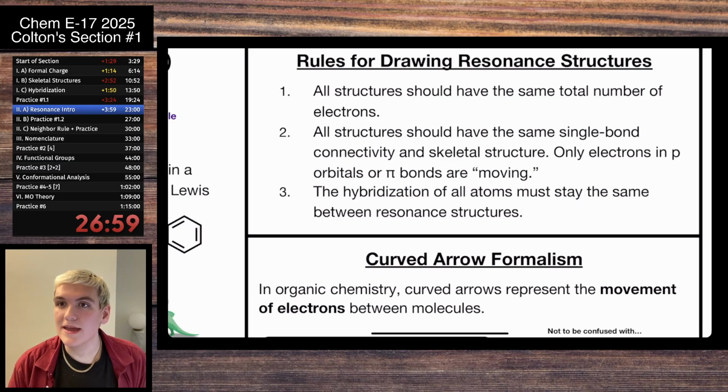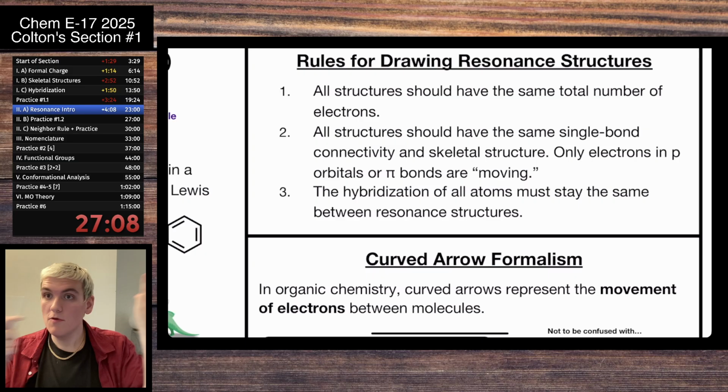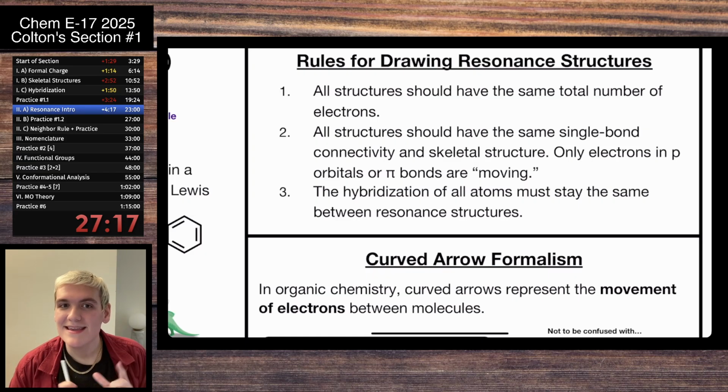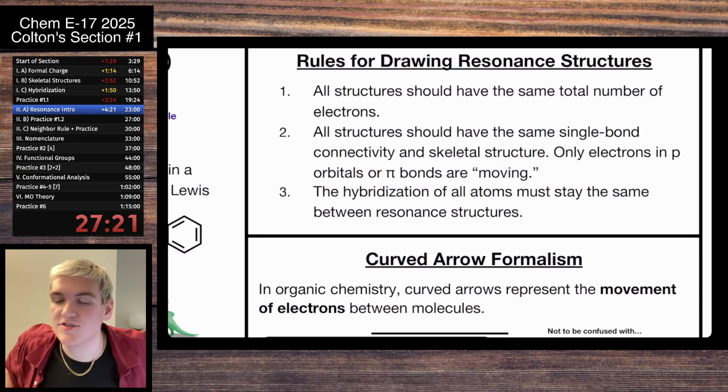So p orbital things are either lone pairs, empty orbitals, like we saw the positive charge on the carbon, there was an empty p orbital, or pi bonds. So those are all the things that are going to be changing. So all of your single bond structure is going to be exactly the same. And then the last thing is that the hybridization of all atoms must stay the same between resonance structures.